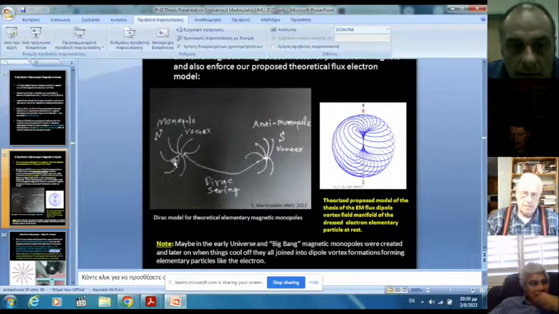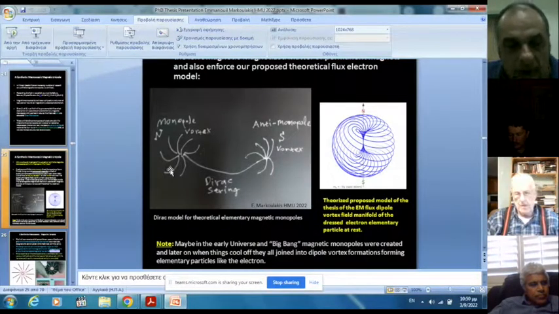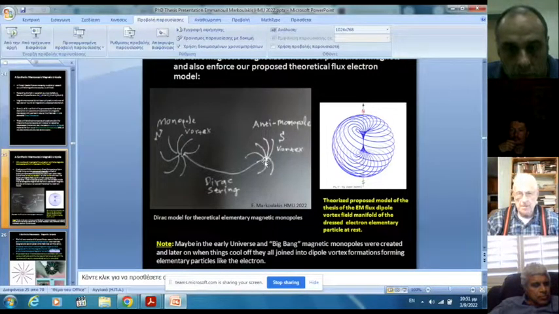So imagine after the creation or whatever you call it, you have two anti-rotating vortices with different angular sign of rotation, clockwise and anti-clockwise, and when they come close together, then this Dirac string is created.